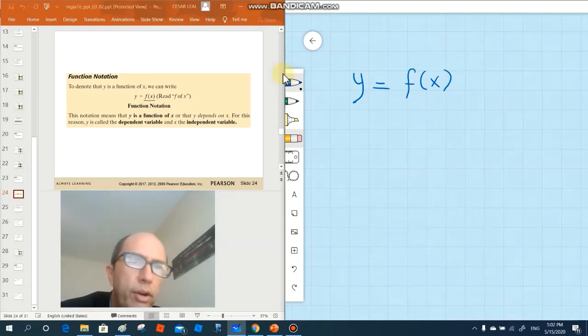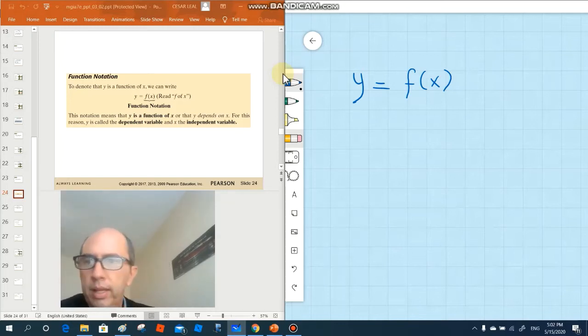That means function of x. This notation means that y is a function of x. For this reason, y is called the dependent variable and x is the independent variable.